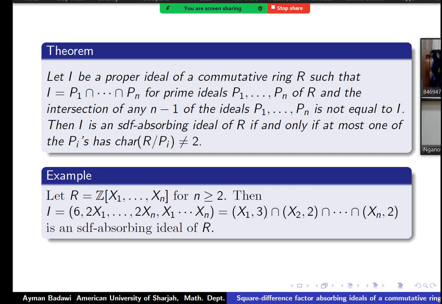And this is a nice example. In my opinion, if you take the polynomial ring R with n variables, and you take this ideal I generated by 6, 2x_1 up to 2x_n, and then the product x_1 x_2 x_3 up to x_n, this is an SDF-absorbing ideal.